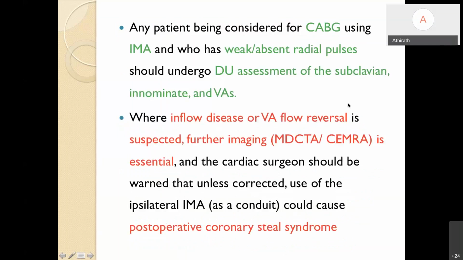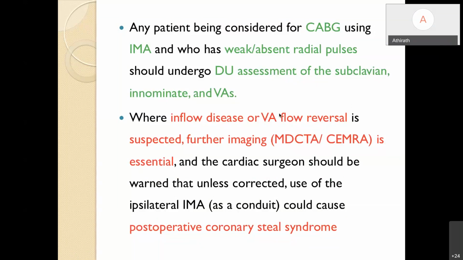Why is it important to screen a CABG patient? Whenever any patient is going for CABG, you need to examine the radial pulses. Whenever they are weak or absent, you need to get a duplex ultrasound assessment of the subclavian, innominate, and vertebral arteries. Why you need to get it done is because there is something called post-operative coronary steal syndrome.